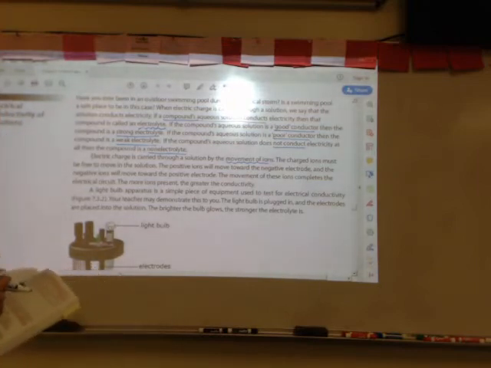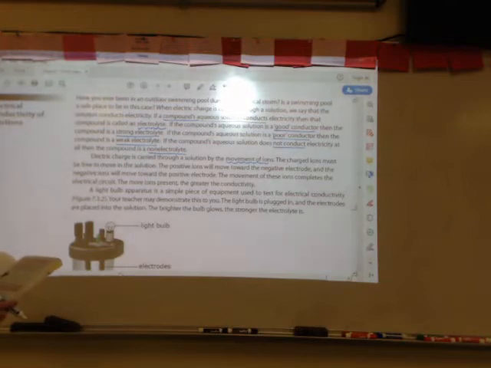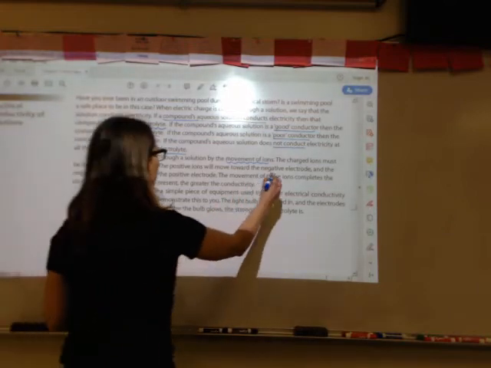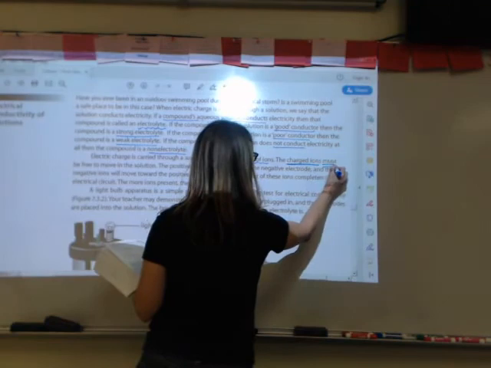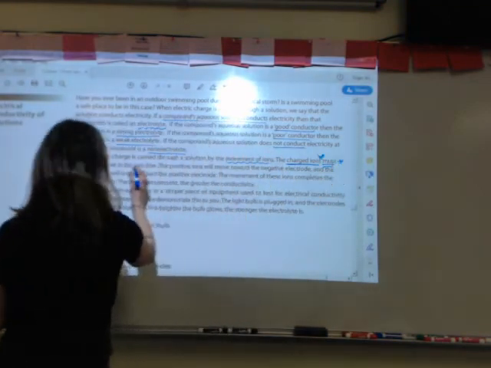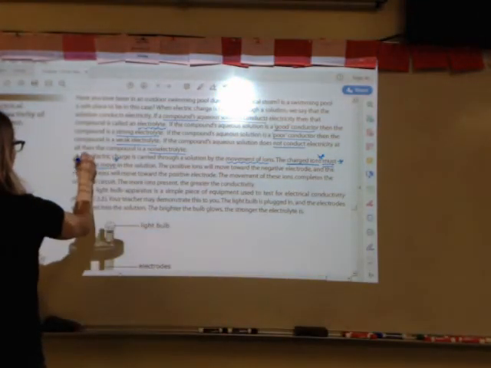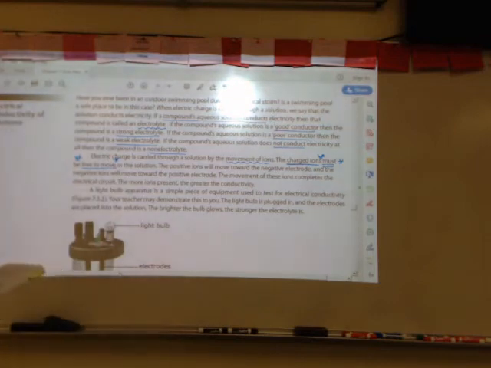And if the ionic compound is dissolved in water, then the ions should be freely moving and carrying an electric charge.